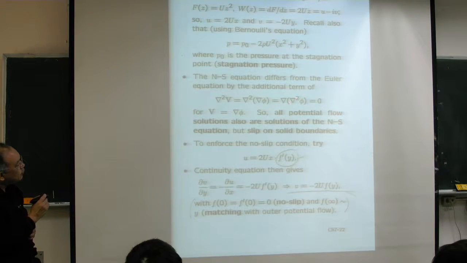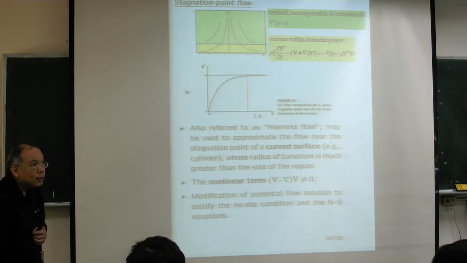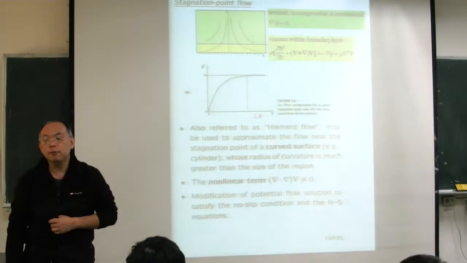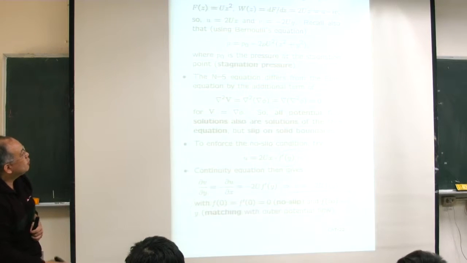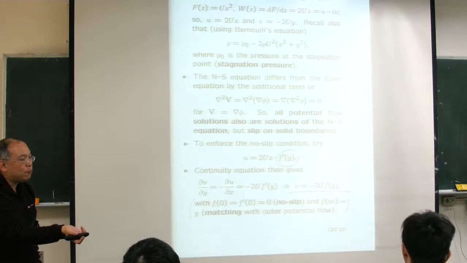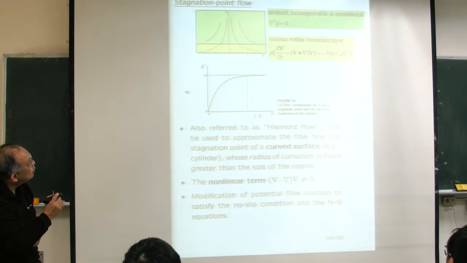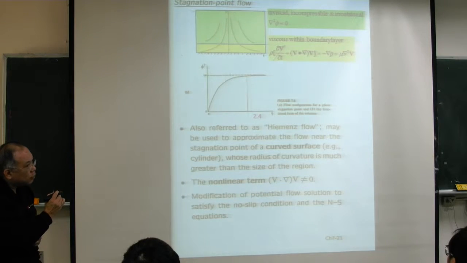And what's the Laplacian of phi? It should be equal to 0 for potential flow. So if you use the potential flow solution in this viscous term here, this should also be equal to 0. That means what?